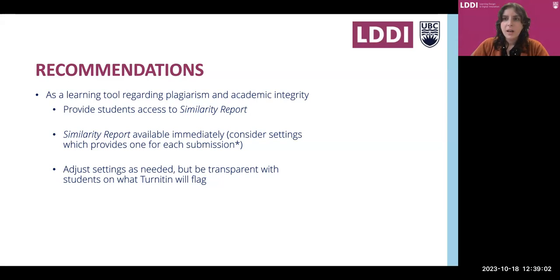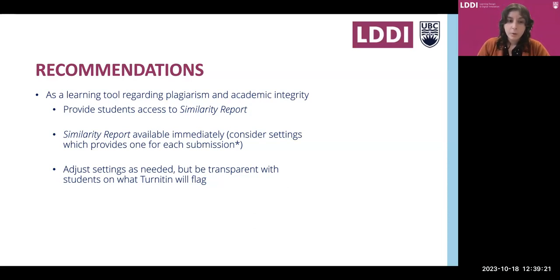They might have, say, a draft assignment that they submit first. They get one similarity report. That's the final one. They can then use that to rework their piece and then submit again to a different assignment Dropbox. That could be a way around it, especially if we're considering the value for students in using that similarity report.